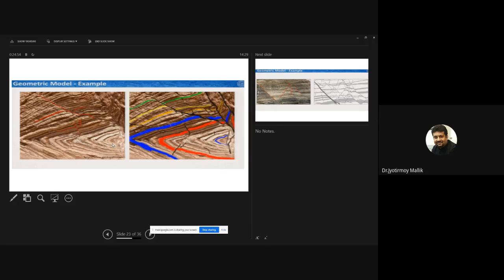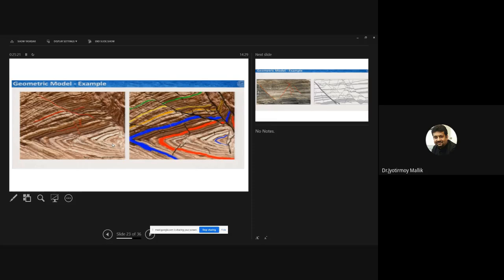Anything special about these layers? Sir, faulting. Why do you say they are faulted? Where do you see faulting? Actually, there is a crack between those. Okay, so let's call them fractures.